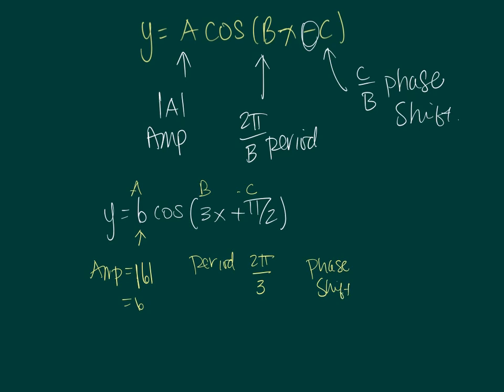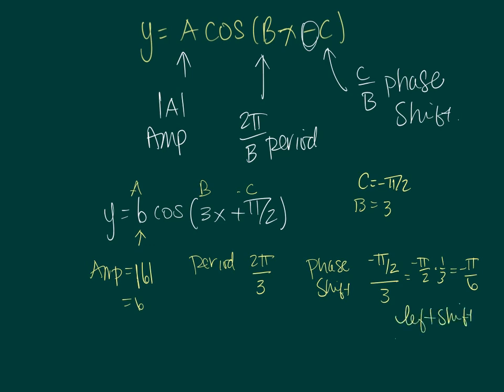Remember that in this case, C is equal to negative pi over 2. B was 3. So our phase shift is negative pi over 2 divided by 3. So that's negative pi over 2 times 1/3, which is negative pi over 6. So it is a left shift by pi over 6 units.